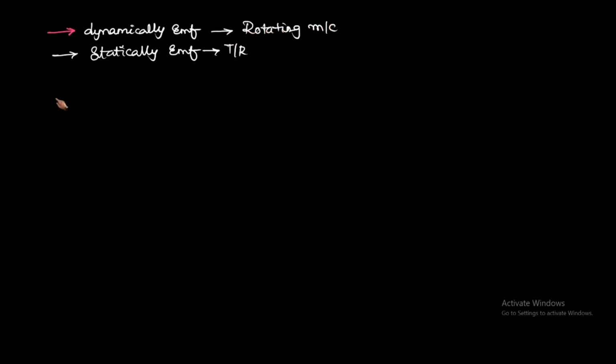So for dynamically induced EMF, what do we require? We require a field, then conductors, and there should be a cutting action between the magnetic field and the conductors. Then you get the dynamically induced EMF. Let us take the principle you have seen in lower classes.